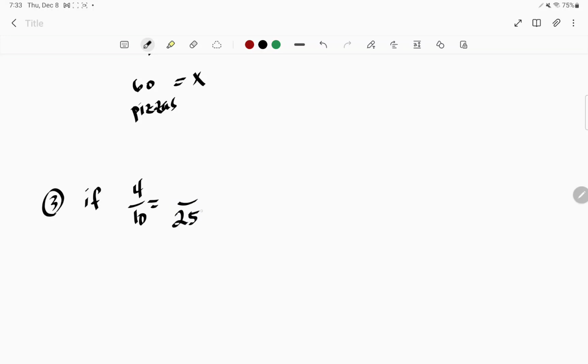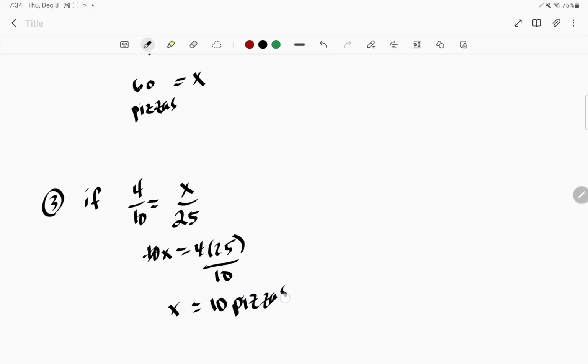Now, if you have a table of 25, we cross multiply, so that would be 10x is equal to 4 times 25. Divide that by 10, and you get x is equal to, in this case, 64. That's not right. Sorry, that's just simply 10. I was looking at the wrong numbers here. So that's just 10 pizzas.